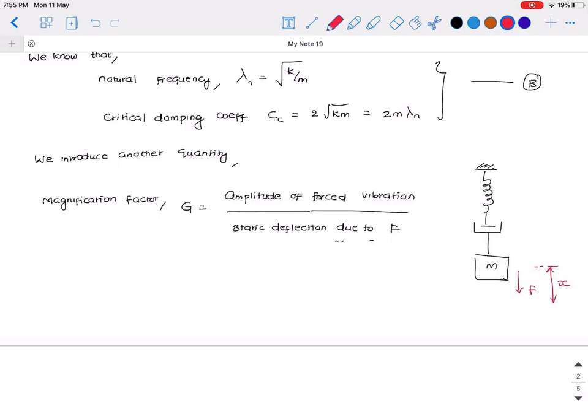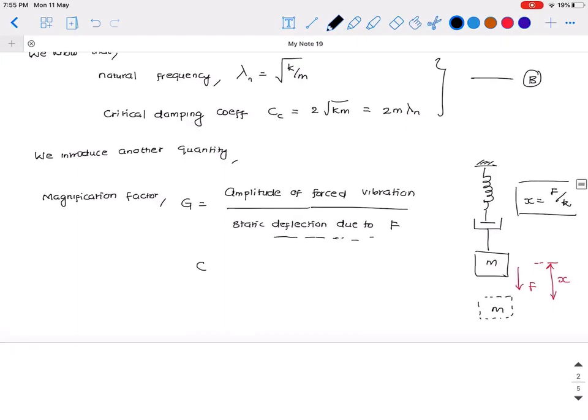So the mass will move here due to the force, and by equilibrium you can get x equals F by k. That is the static deflection due to F. So the magnification factor can be written as G: the amplitude of forced vibration is xm, the static deflection due to F is F by k. Okay, right.